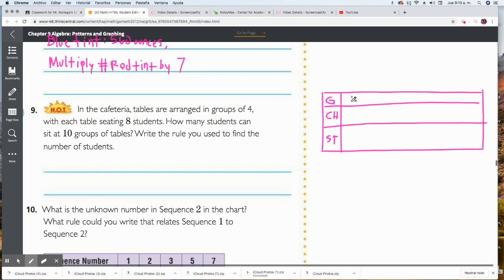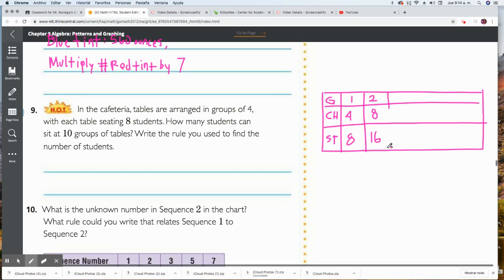Okay, so in the first group, we have 4 chairs, or 4 whatever you want to call it, and 8 students can sit there in group number 1. Number 2, we have groups of 4, so number 2 would be 4 plus 4, which is 8, and then 16 students.